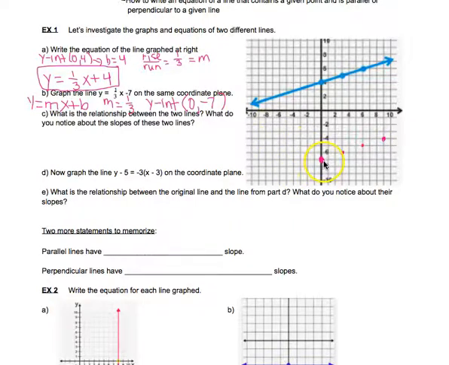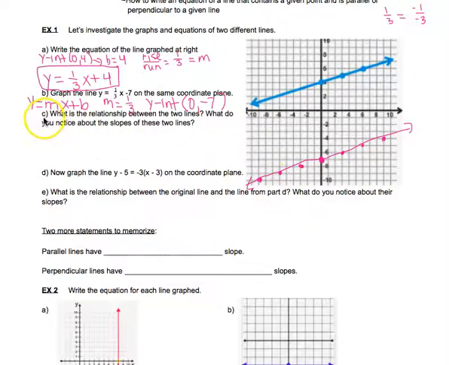And then remember, because 1 over 3 is also the same as negative 1 over negative 3, I could also rise negative 1, run negative 3 to get the points on the other side. And so then that takes us all the way across.